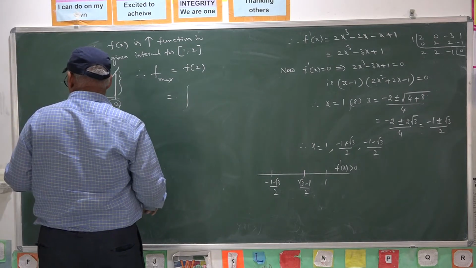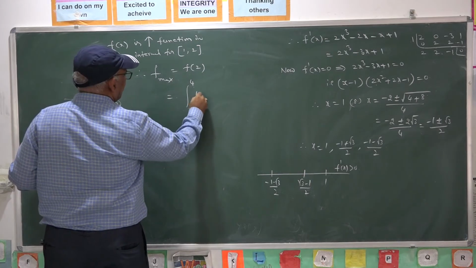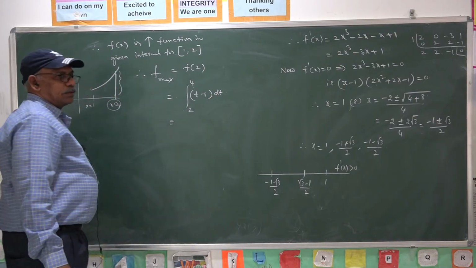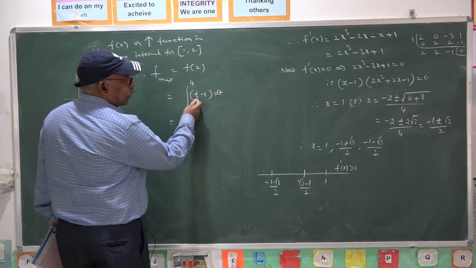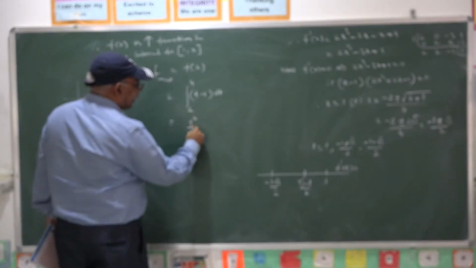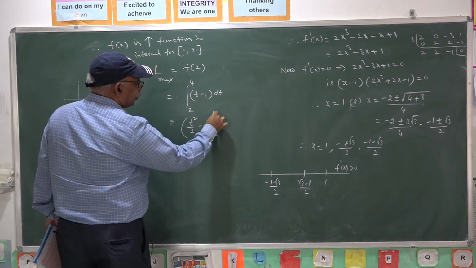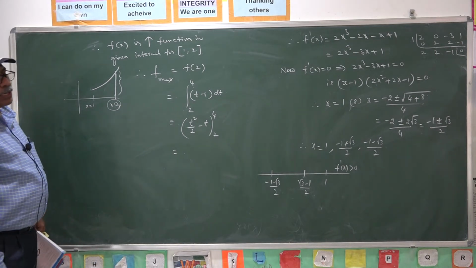It is nothing but integral from 2 to 2 square, that is 4, of t minus 1 dt itself. So by simple integration, the integral of t is t square by 2, and the integral of 1 is t, within the limits 2 to 4. Already that was obtained from the integrals.